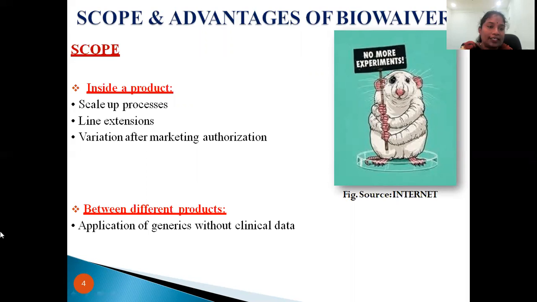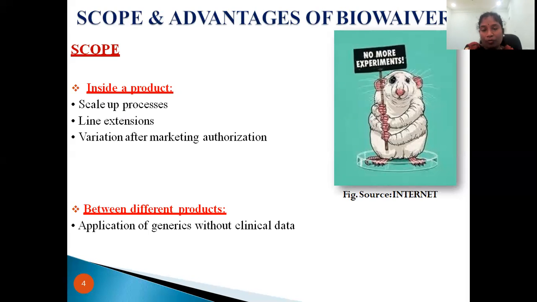Okay, so for the product, what is the scope? In the scale up process it is very useful, and in line extension. So if you want to extend to more tests, then we can consider these biowaiver procedures, and for variations after the marketing authorization, then also you can consider these biowaiver procedures.